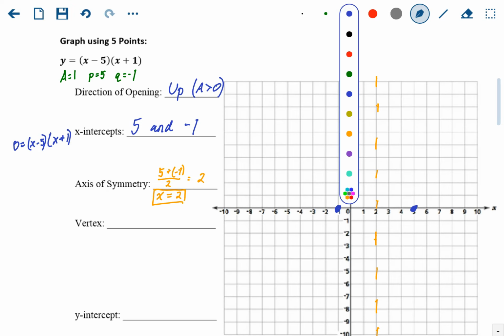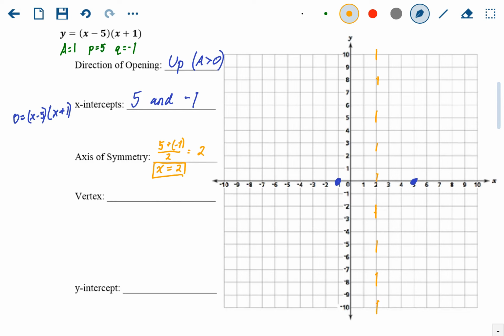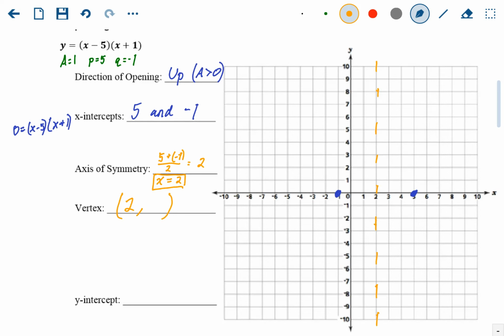To find the vertex, we're just going to plug in the x value of the vertex. We know the x value of the vertex is going to be 2, comma something. We're just going to plug 2 back into the equation for x. Our equation was x minus 5 times x plus 1.